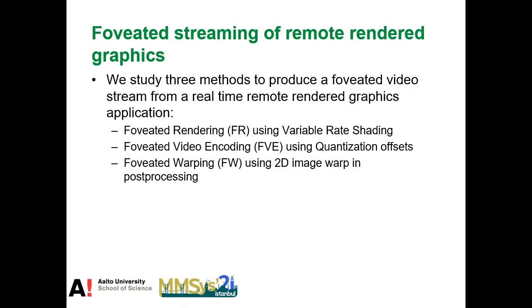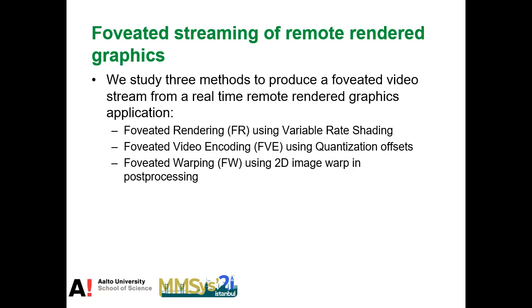We studied three methods of delivering foveated graphics in a remote rendering scenario. First is foveated rendering combined with normal video encoding, with frames having spatially uniform quality in the encoding phase. The foveated rendering was implemented with variable rate shading. Second, we consider foveated rendering with foveated video encoding.